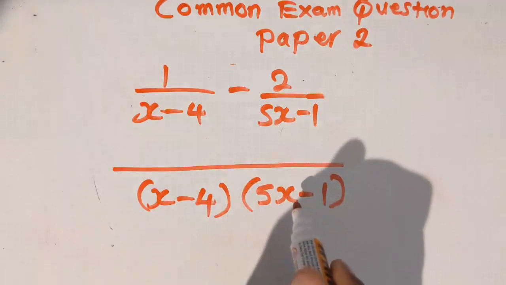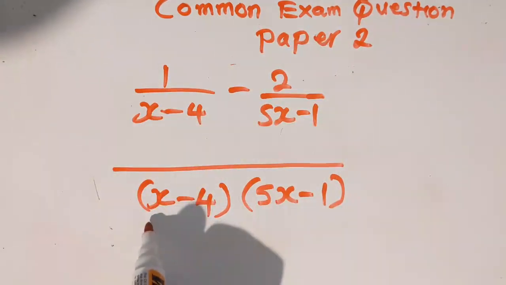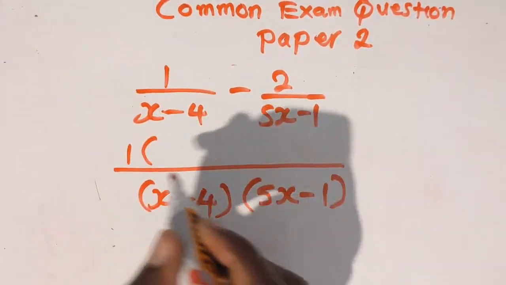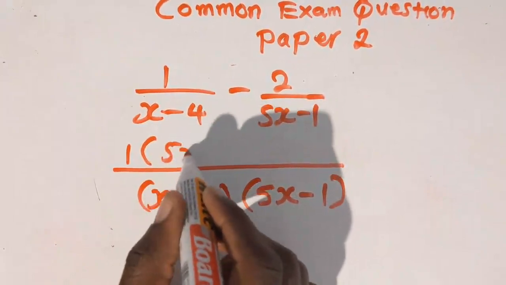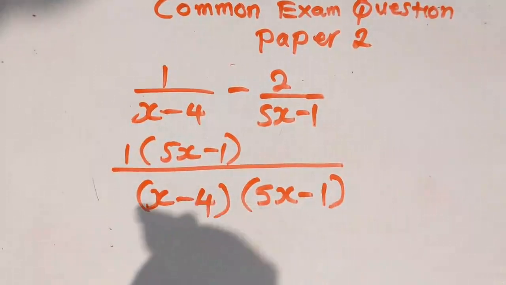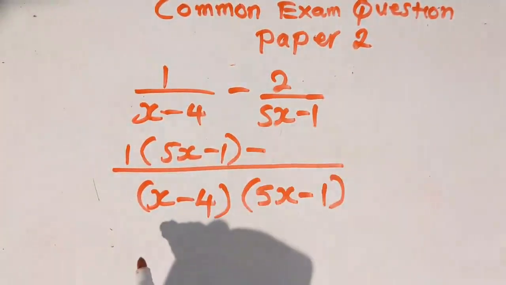Then this is going to multiply with what is up there, meaning that it is just 1 multiplied by 5x minus 1. Okay, I'm sure you've understood that one. Then there is a negative sign here.